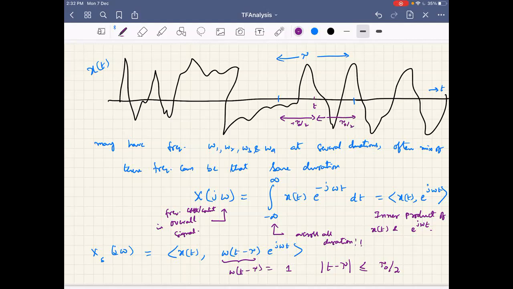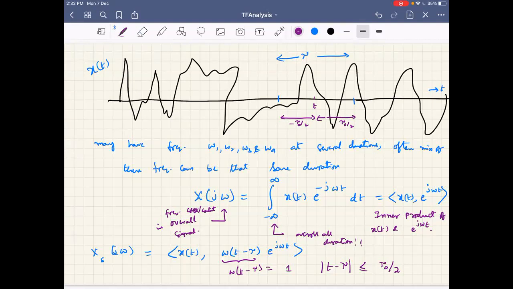I am considering the duration from t minus tau naught by 2 to t plus tau naught by 2 around t, so that I am analyzing the signal only in the small duration to understand the frequency content of the signal in that duration alone.